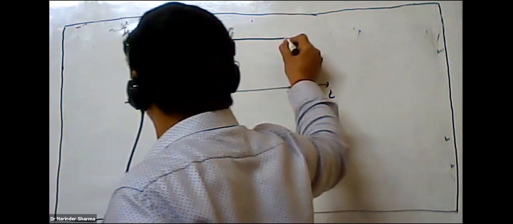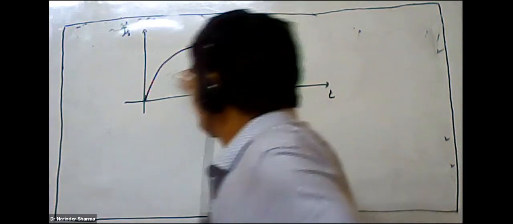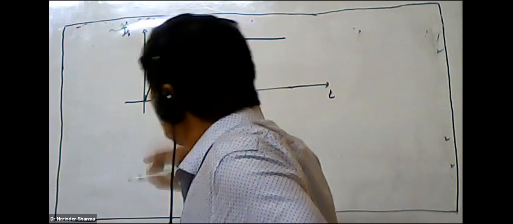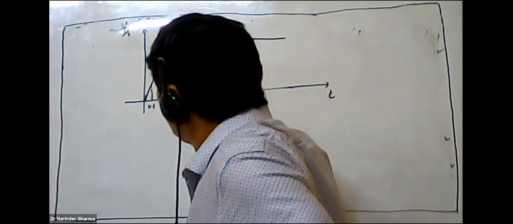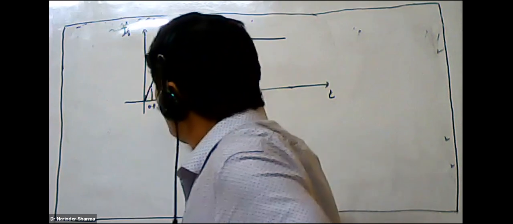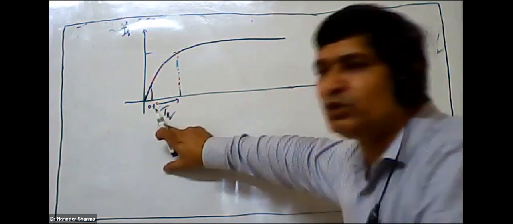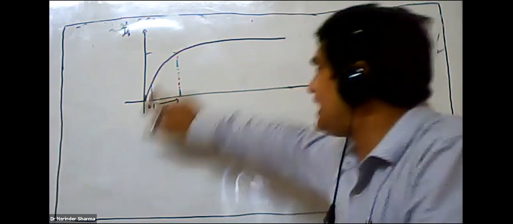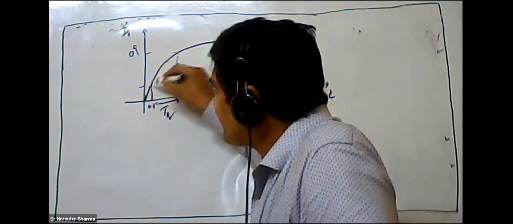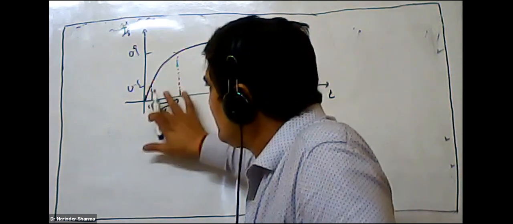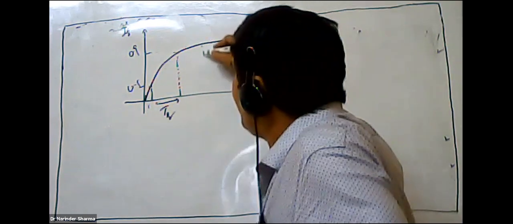Here it will become saturated. Rise time: this is 10%, this is 90%. The time required to rise from 10% to 90% is said to be the rise time. And here is the 100%.